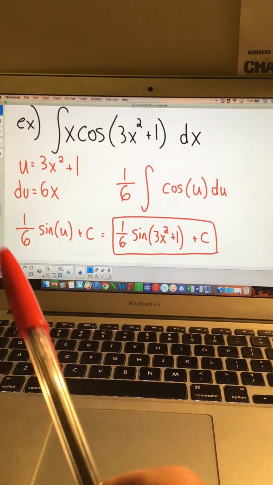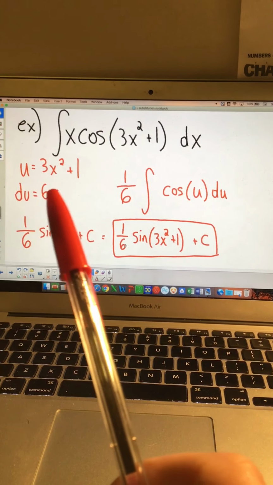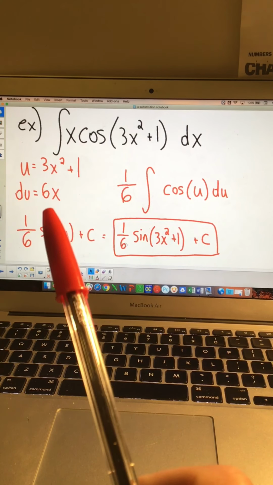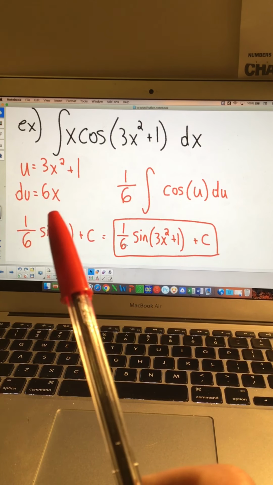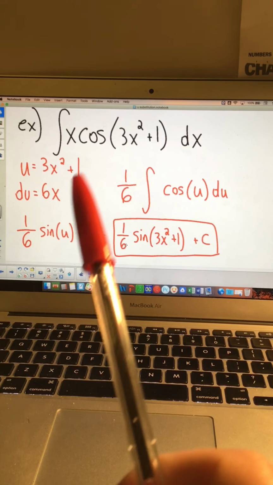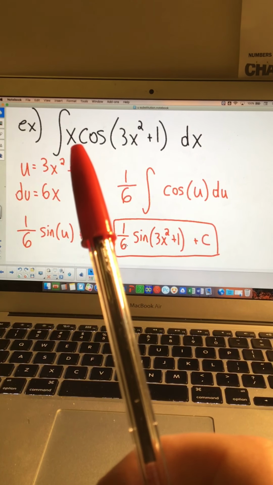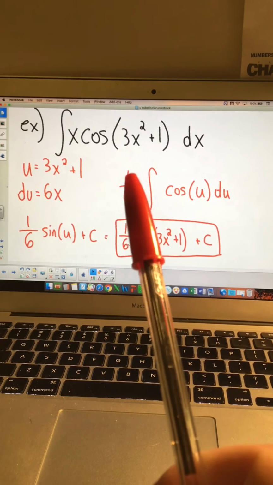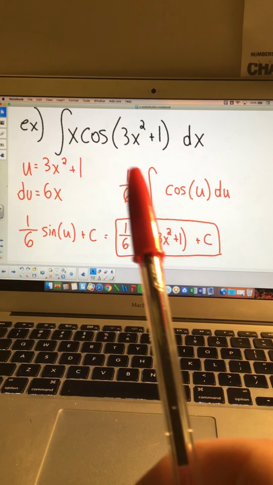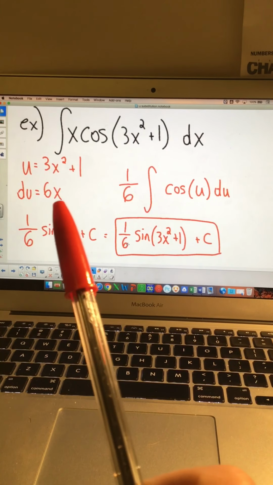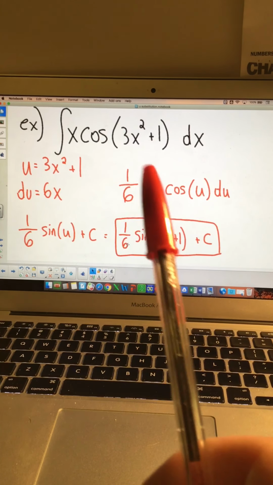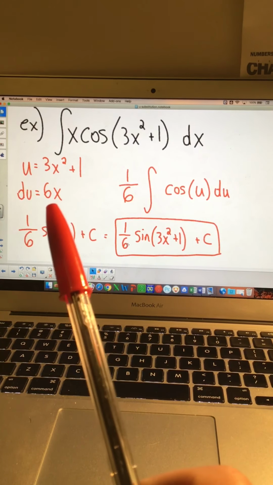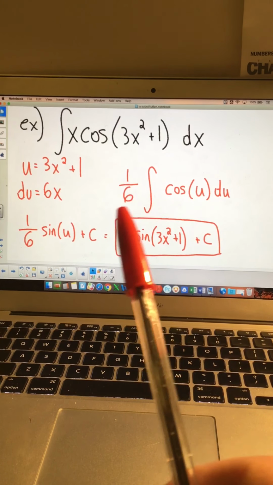So in order for our du to match what's here, if we divide this by 6, that will make it match. Dividing by 6 or multiplying by the 1/6. If I had to divide by a 4, we would make it a 1/4. Divide by a 7, make it a 1/7.